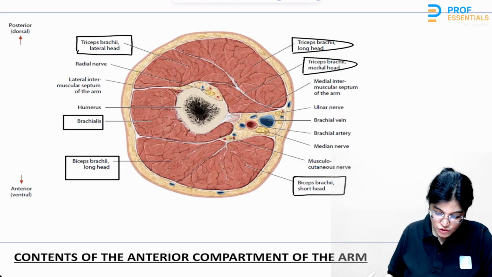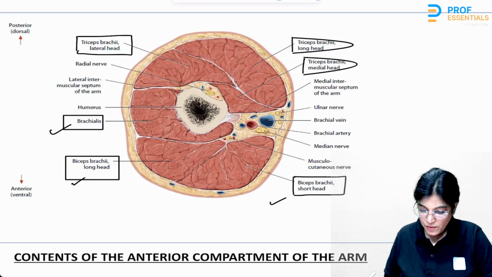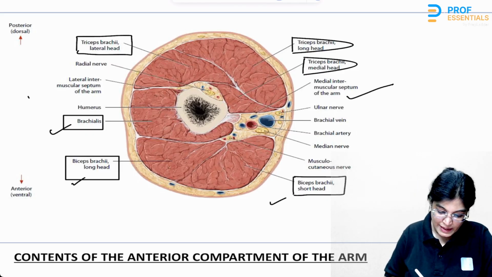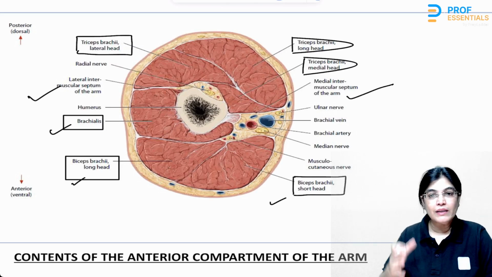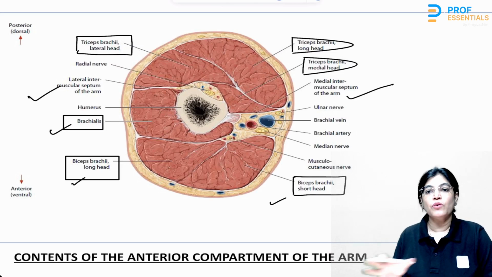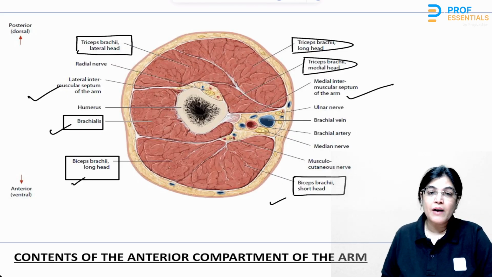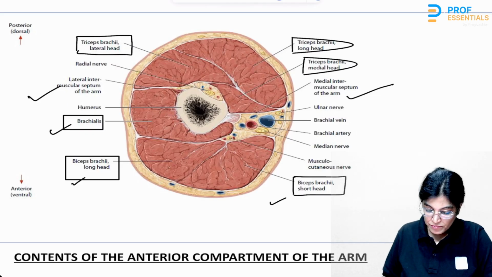Actually we have got the biceps brachii, we have got the brachialis muscle, we have also got the coracobrachialis muscle, and we can see the medial and lateral intermuscular septums, and we can see the nerves. Different nerves are traversing through the arm. We know the course of radial nerve, median nerve and all are traversing, but the muscles of the anterior compartment of the arm are biceps brachii, coracobrachialis and brachialis.